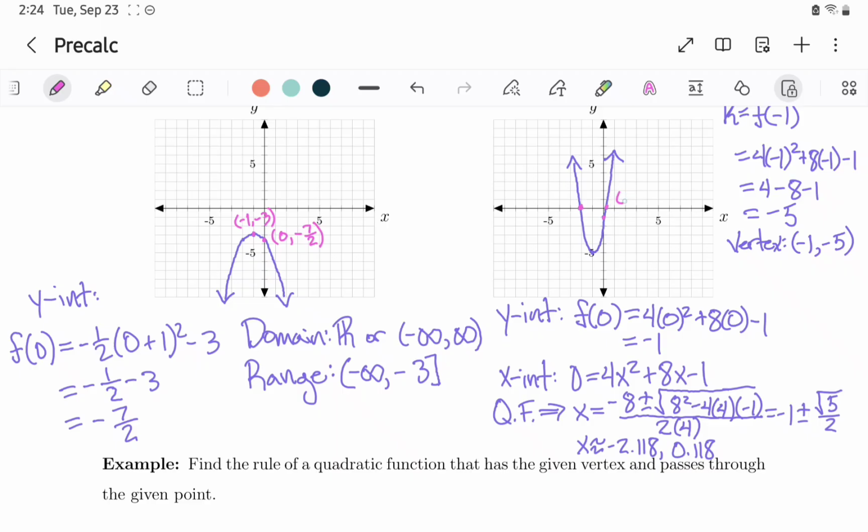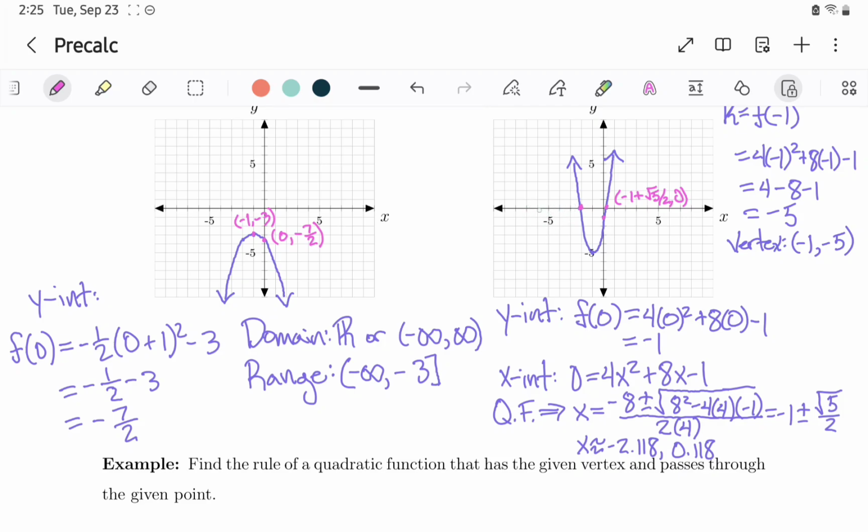So we have this x-intercept, which is going to be minus 1 plus square root of 5 over 2, comma 0.